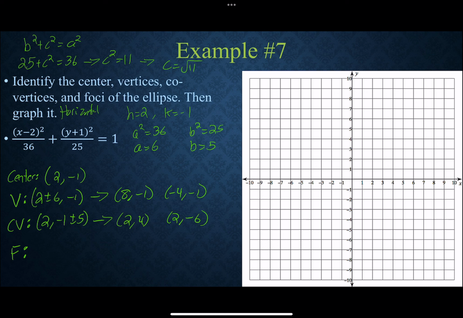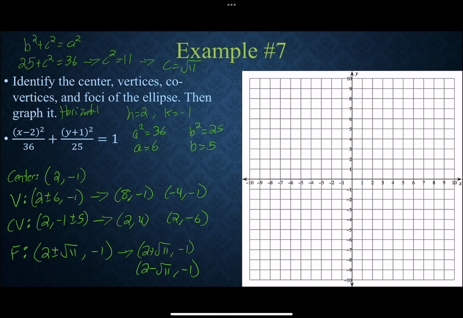And then the foci, we're going to add and subtract c to the x coordinate because it's the same as the vertices, adding to the x because it's horizontal. (2 plus or minus root 11, -1). You can separate that out into its two actual coordinate points. So you can say that would be (2 plus root 11, -1) and (2 minus root 11, -1).